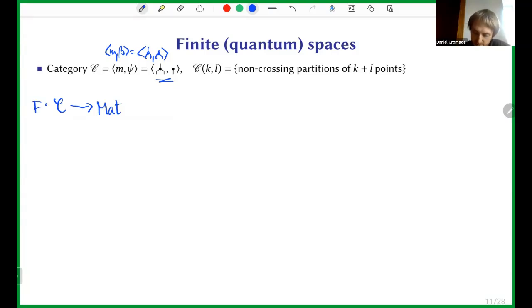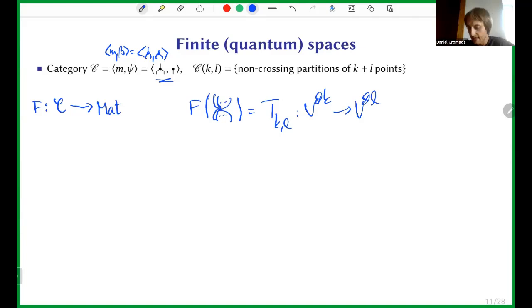This is, by the way, called the fiber functor, but that's not so important how it's called. And this functor takes the diagram, the spider, and sends it to, let's denote it by TKL, the linear map between the vector spaces. Well, I'm asking, is this assignment faithful? Or does it have some kernel?